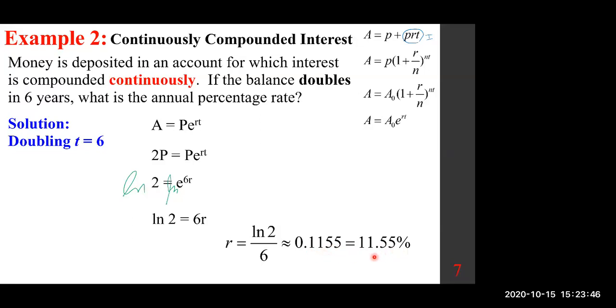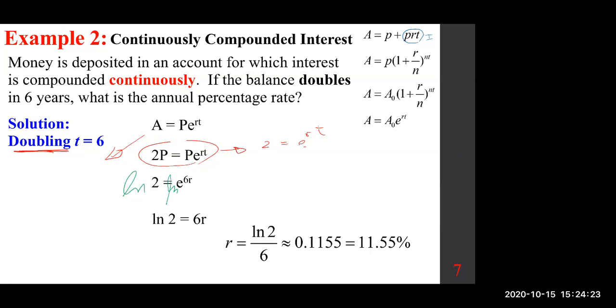Okay, so what I want to do, I want to remind you of this concept of doubling. So remember what we have seen before. The concept of doubling in general, if I want to look at this formula becomes this formula. You see that, everybody? And I'm not going to replace the T. So from here, 2 becomes e to the power of RT.